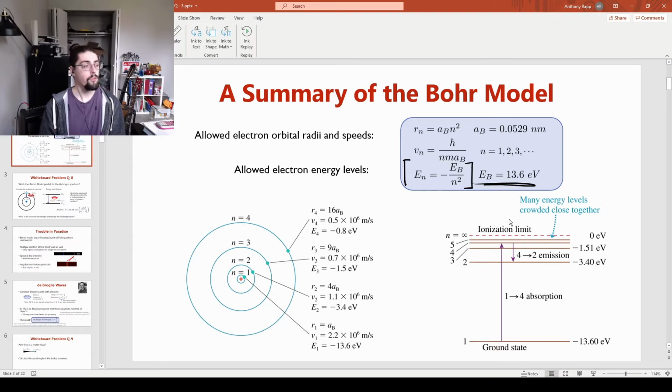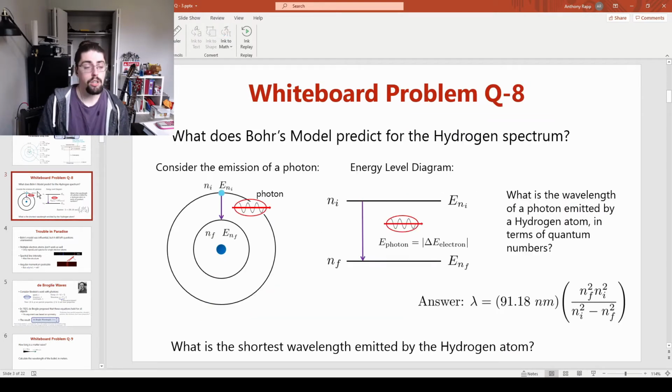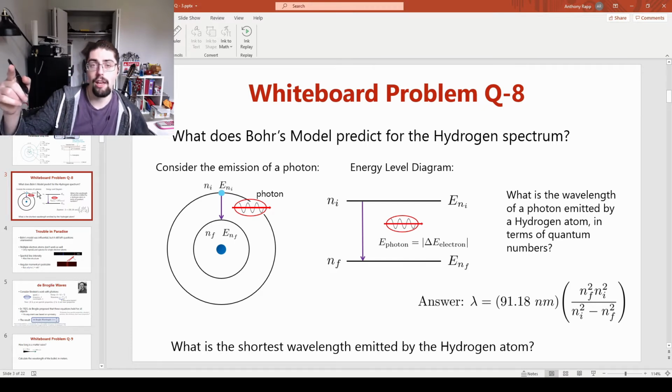So, the first thing that we can look at here is essentially, given hydrogen, what is the shortest wavelength emitted by hydrogen? What is the shortest possible wavelength emitted by hydrogen? And I'm just going to walk through this one right here. If we know that every time there's a photon interaction, that means a shift between where the electron is at in its level, then what is the largest possible shift?